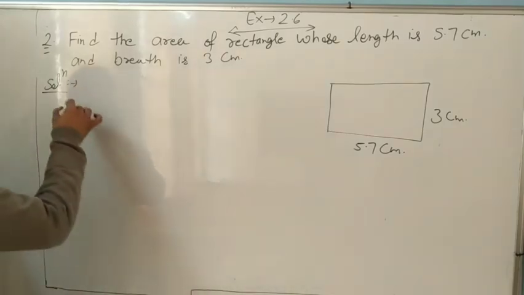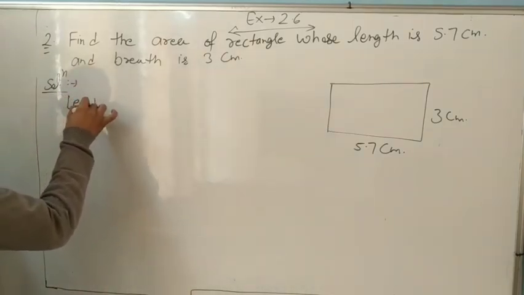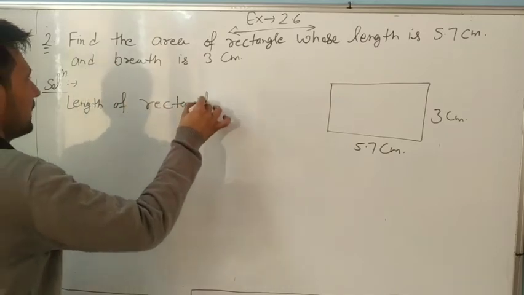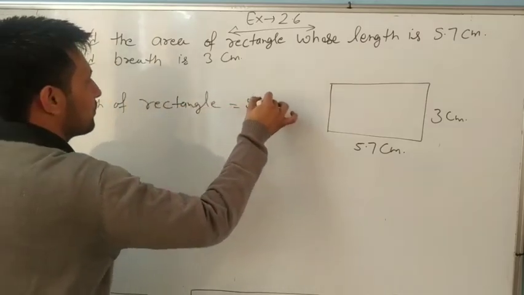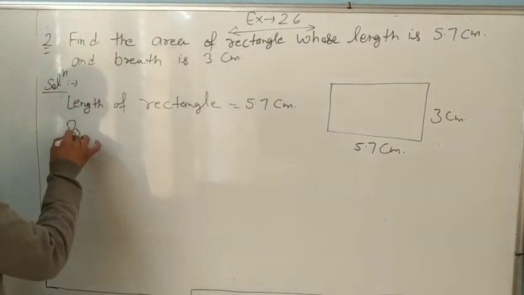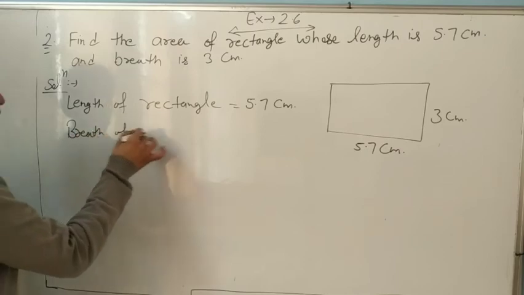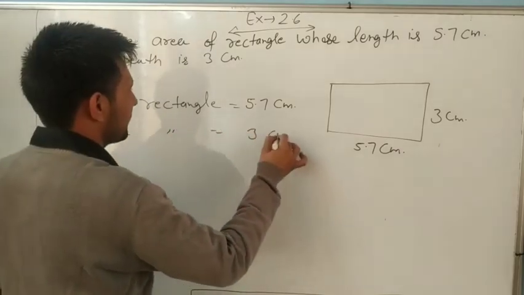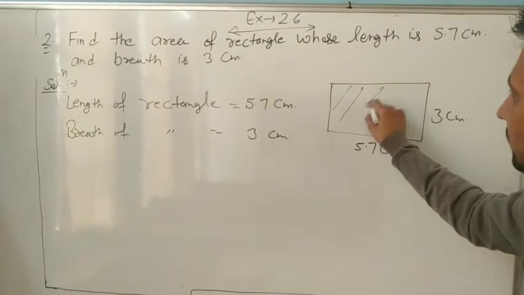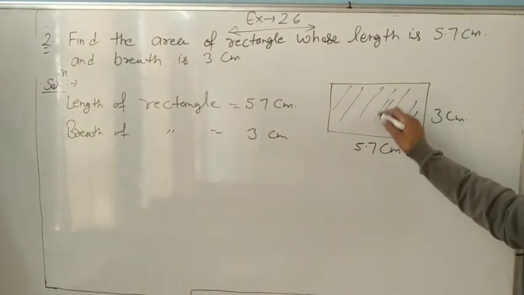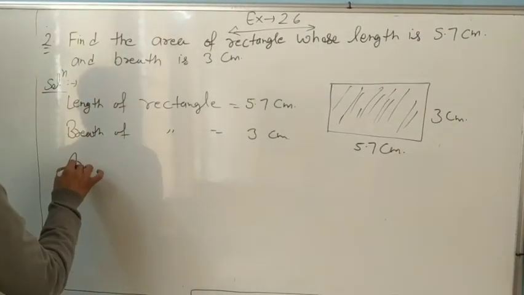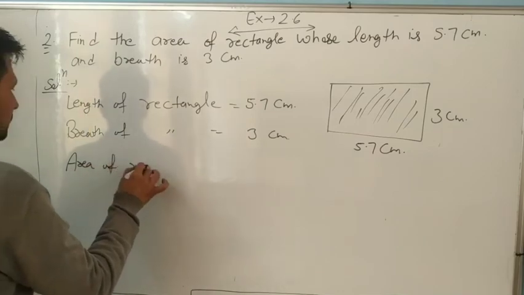So first we will write: length of rectangle 5.7 centimeter. Next we will write: breadth of rectangle 3 centimeter. You should know what area is. It is the total area enclosed by the boundary.